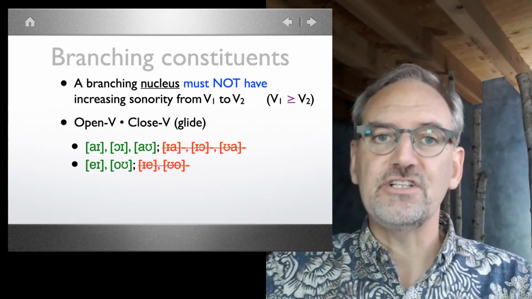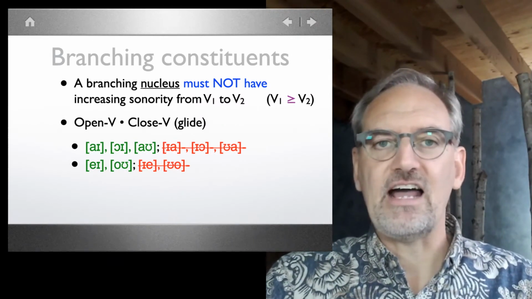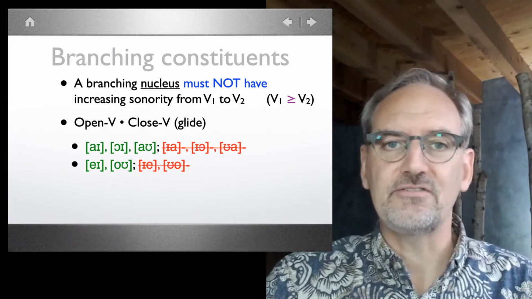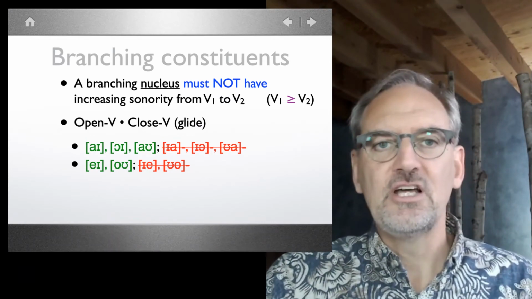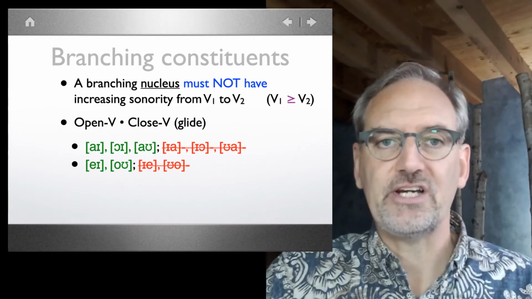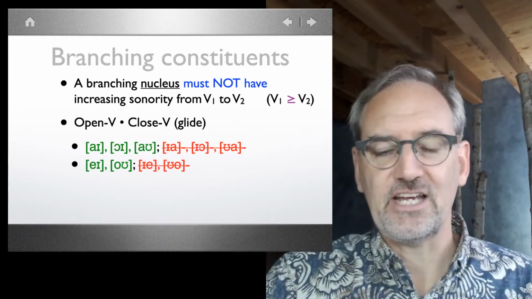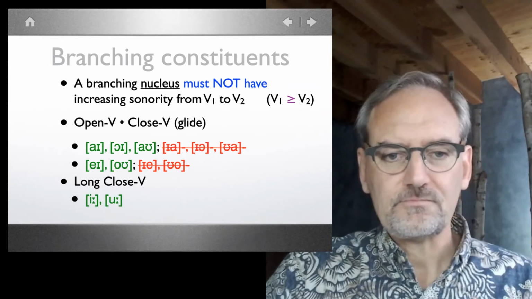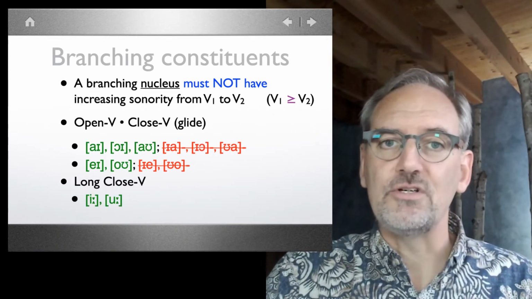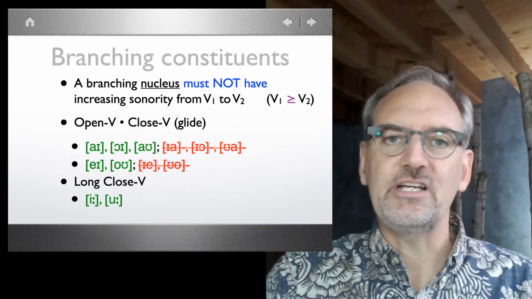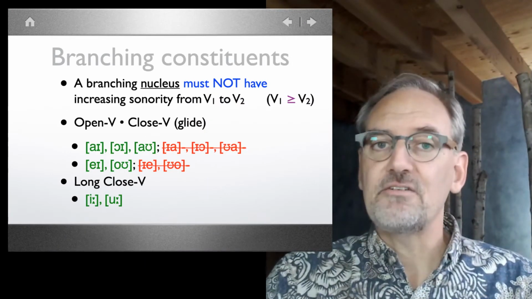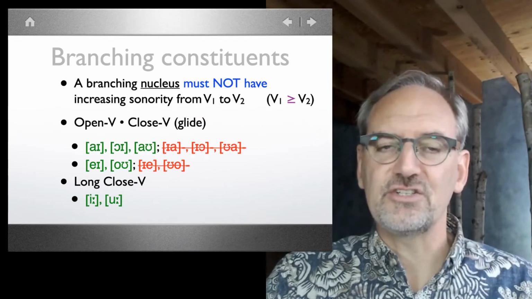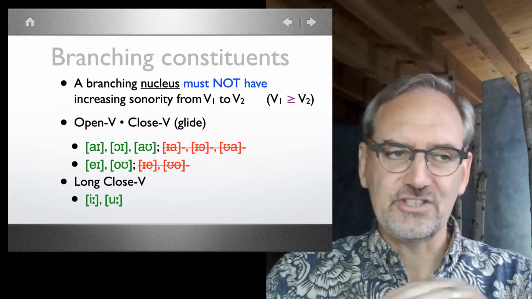If I were to reverse those, right, if I were to put a high vowel followed by a low vowel, what you see in red, for example, those are not possible because they violate this restriction on the sequence of segments in a branching constituent. And in the case of long vowels, it's the same vowel in both positions. Well, that meets the requirement that there is not rising sonority. It's level sonority.